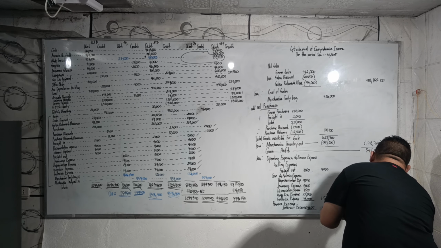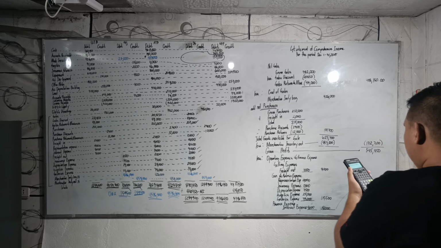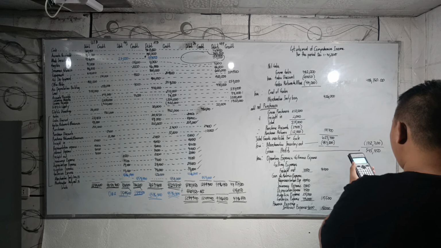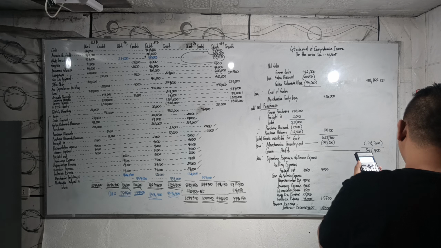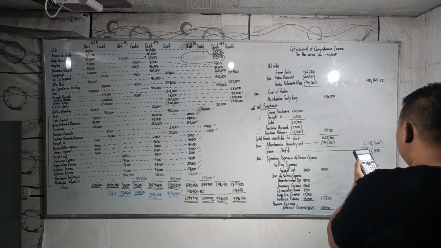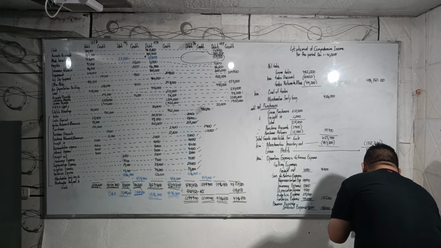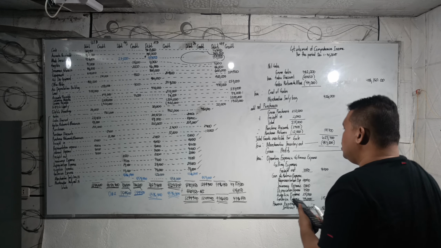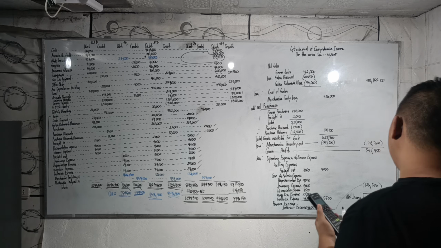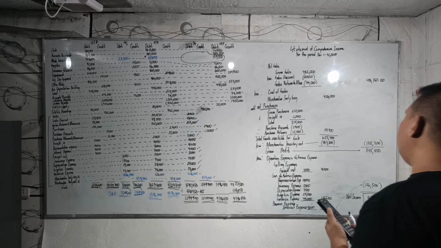So from the gross profit of 545,450, we minus the 126,500, and we're going to get a net income of how much? 418,950. So that's how you're going to present your statement of comprehensive income.